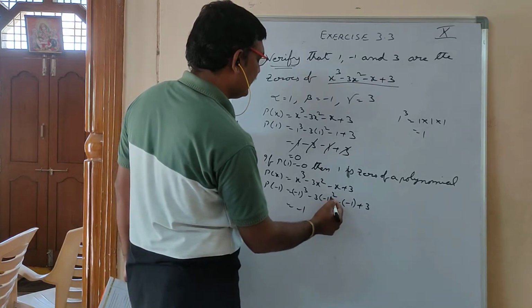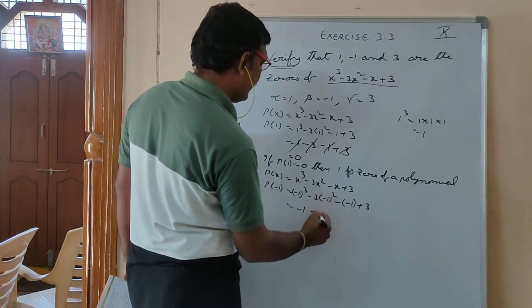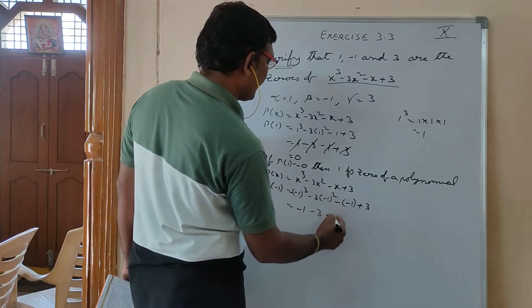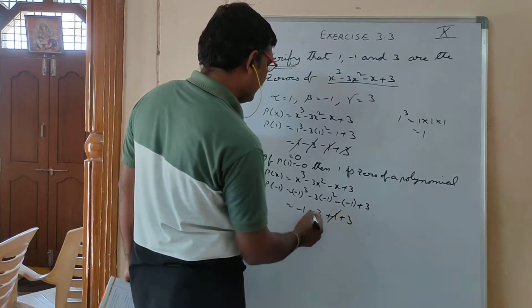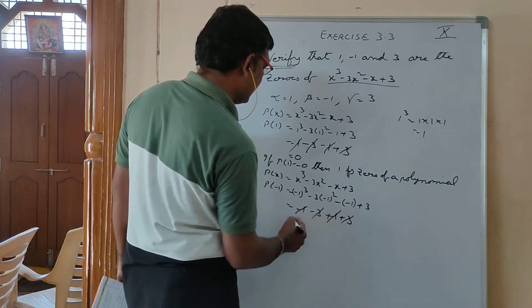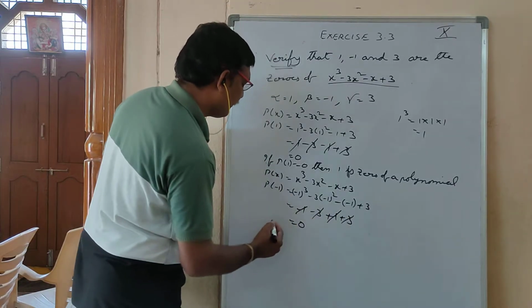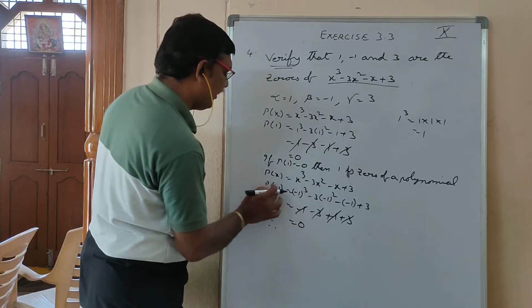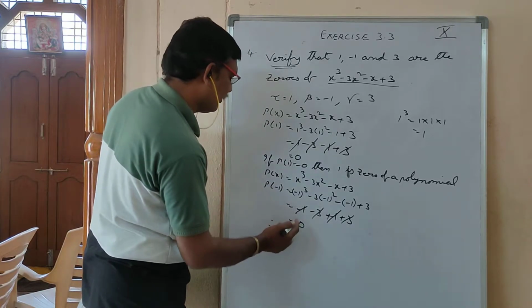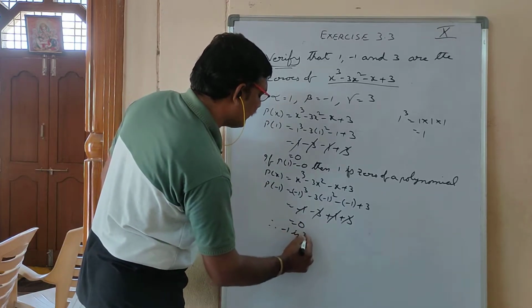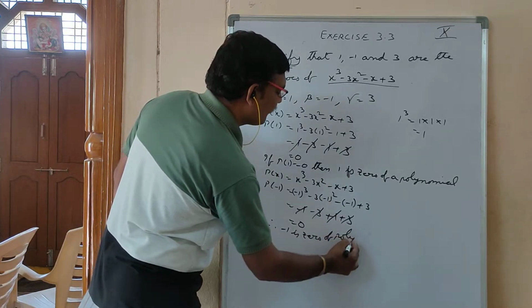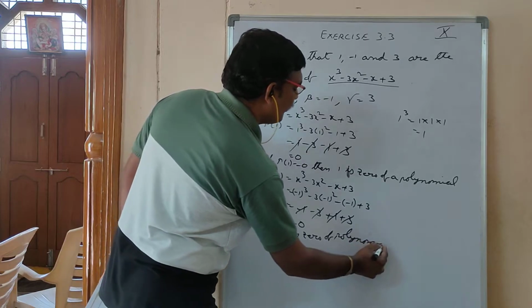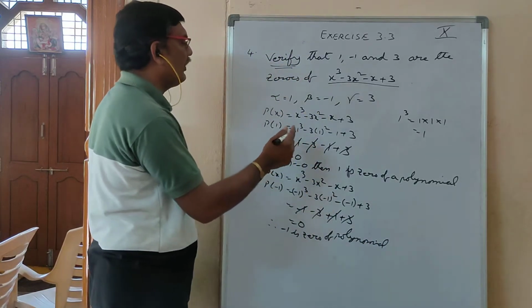Minus 1 whole square is plus 1. Plus 1 into minus 3 is minus 3. Minus into minus 1 is plus 1, plus 3. So plus 1 minus 1 and plus 3 minus 3 cancel. You got 0. Therefore p of minus 1 is 0, and minus 1 is a zero of the polynomial.